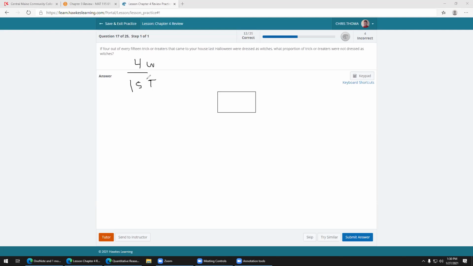So right, 4 witches to 15 total. What is the proportion of trick-or-treaters that were not dressed as witches? Well, if 4 were witches, and this is my total, well, 15 minus 4 is 11. So 11, we'll use our little not symbol, not witches, out of the 15 total.